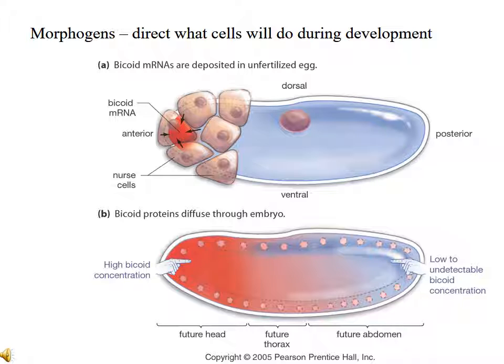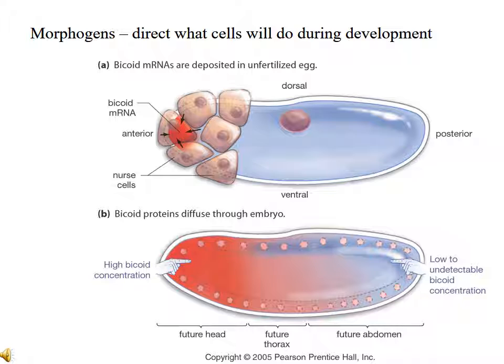As you can see, the amount of morphogens are more to the left and less to the right. This will signal to that egg after it is fertilized that the head is going to be to the left, the thorax is to the middle, and the future abdomen is going to be to the right.